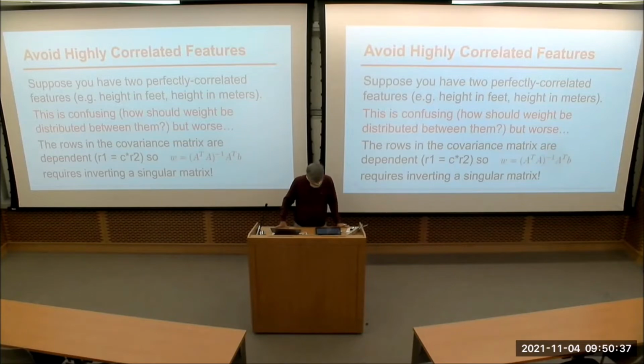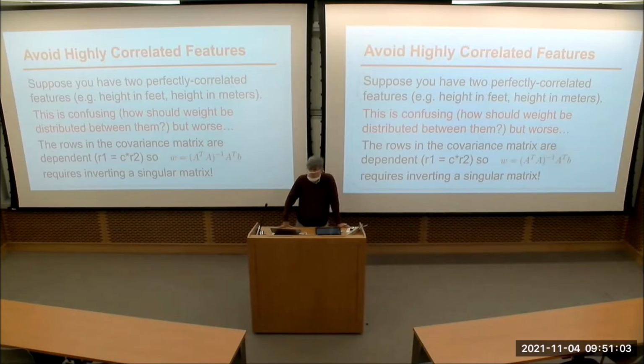But what happens if you have two features that are very highly correlated? Suppose we had two perfectly correlated features. Suppose we were trying to predict some property of people's health, and we had their height measured in feet as one column, and their height measured in meters as another column.